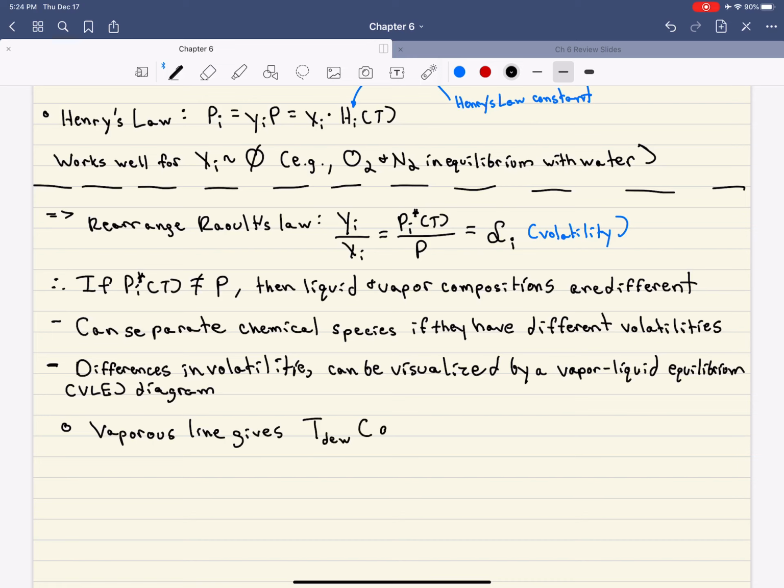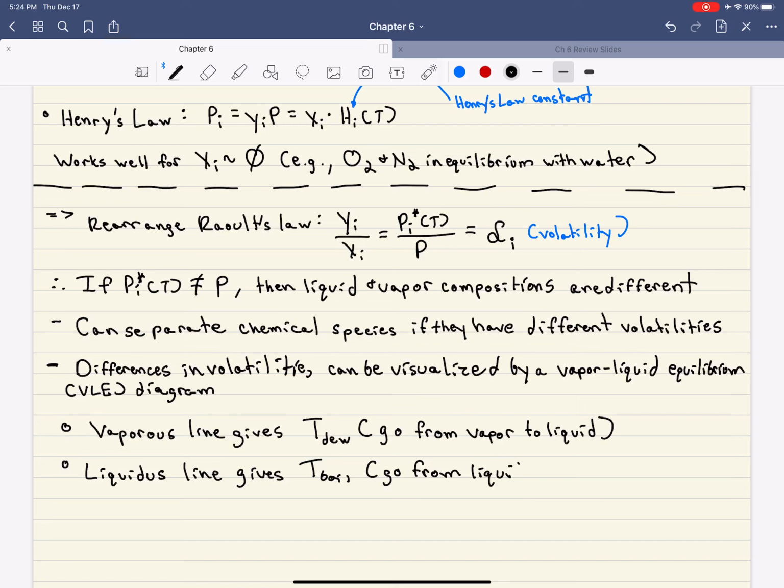So your dew point, if you ever hear about this from your meteorologist, that just means the temperature in which the vapor goes to the liquid. While that bottom line is what we call the liquidus line. And so that gives you the boiling point temperature. So here's where you go from the liquid to the vapor.